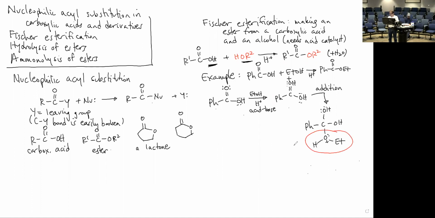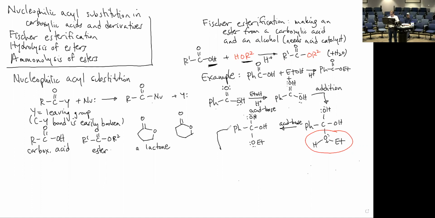Then we're going to have another acid-base step. We're going to remove the proton from this oxygen so that it goes back to being neutral, goes back to having a zero charge. So you get this intermediate.